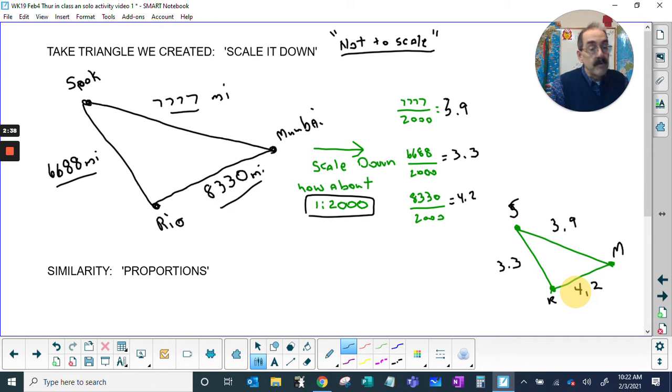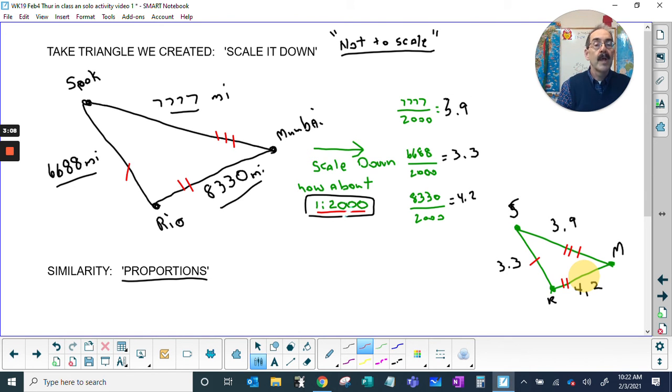Now we've learned if we scale everything down by the same number, all the proportions are equal. If we can say that, then we have similar triangles by a scale factor of 2,000.